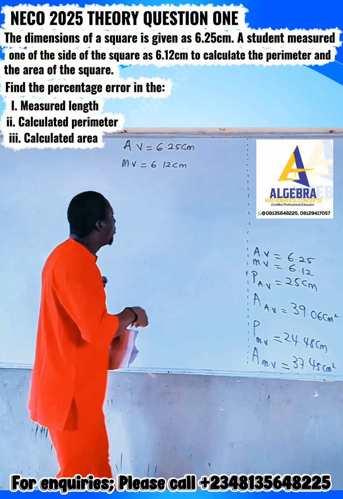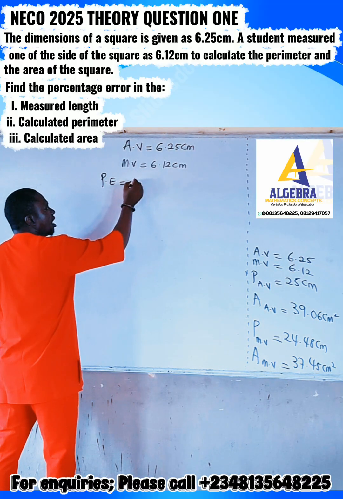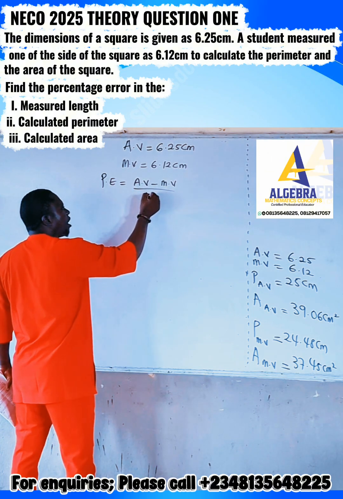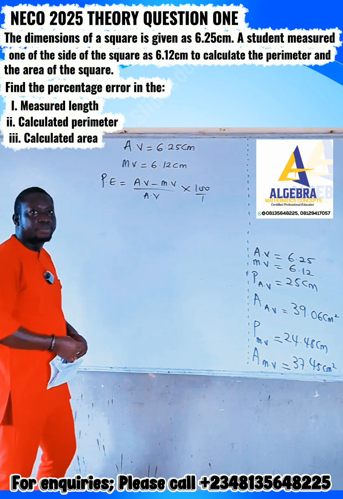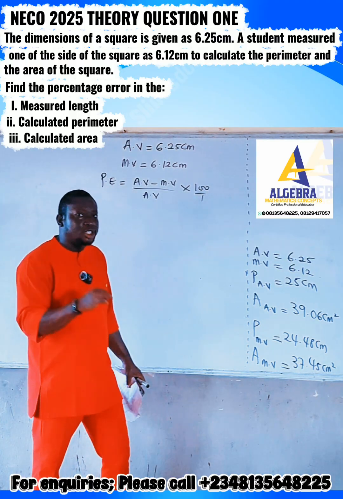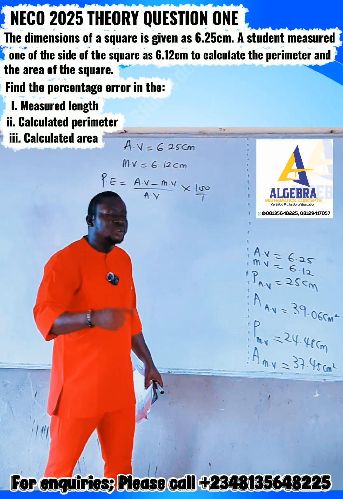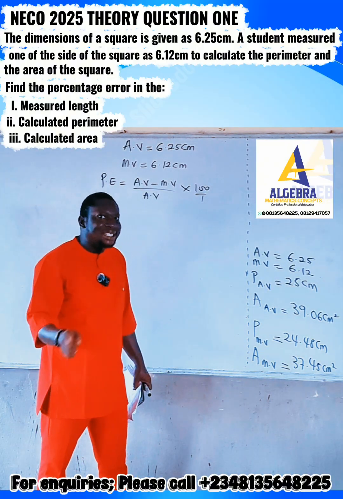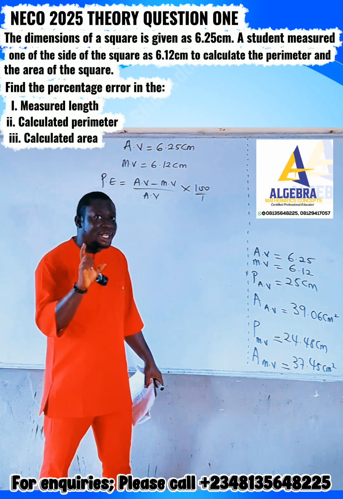Let's go. Formula for percentage error: percentage error equals actual value minus measured value over actual value times 100 over 1. This is the formula we use. But when the measured value is greater than the actual value, the measured value will come first to avoid a negative in your answer.